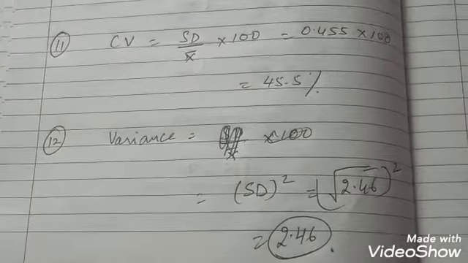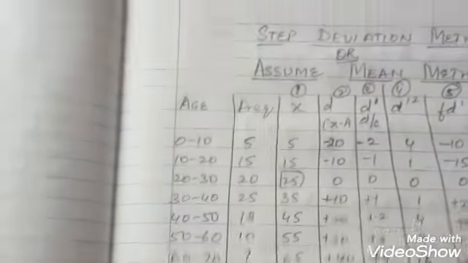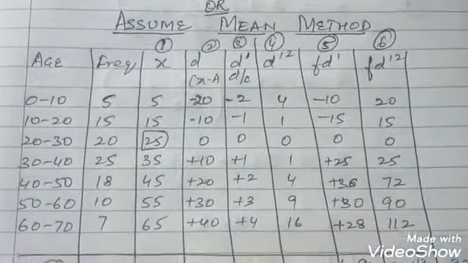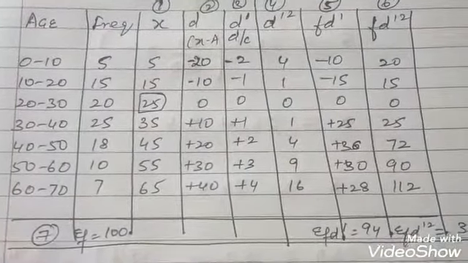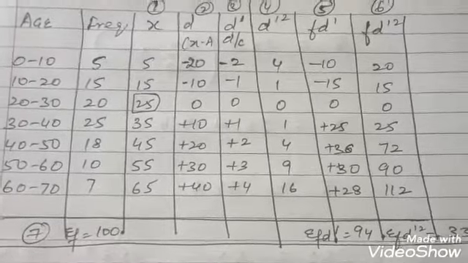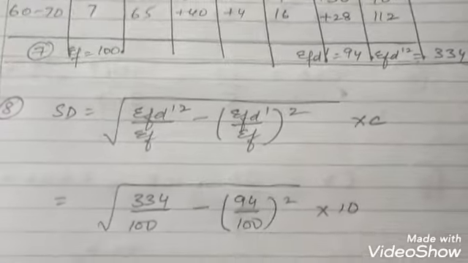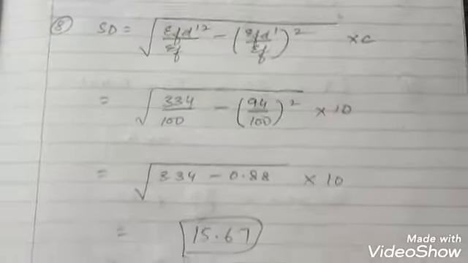Here is the variance. I'm going to show you the entire methodology again of standard deviation using step deviation method in continuous series. Here is the sum, you have the whole table, cross check it, this is the formula, then post the values.